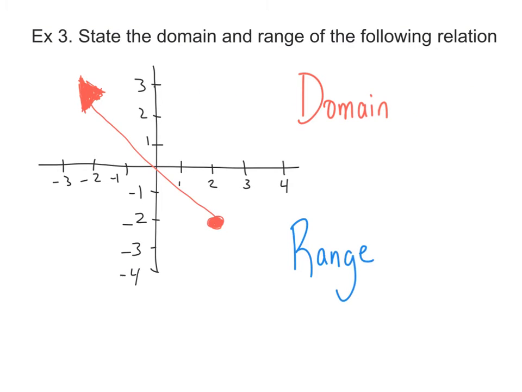All right, same instructions. State the domain and range of the following relation, but this time you're given a graph. Okay? So now life gets a little bit fancier because if you notice, this is a line segment, and this line segment will continue going in this direction, right? It's never going to stop because of that arrow there. It's going to keep going.